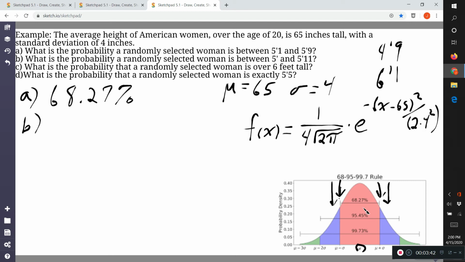Now we could clean some of this up, like the 2 times 4 squared and all that good stuff, which you can do when you put it in your calculator. Because we're going to use a calculator for this, we're not going to do any of this by hand.